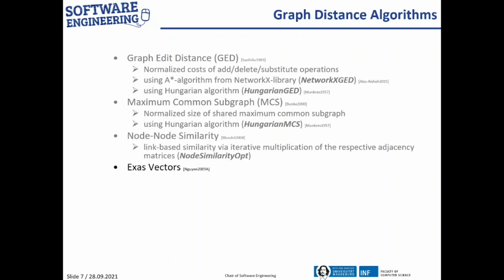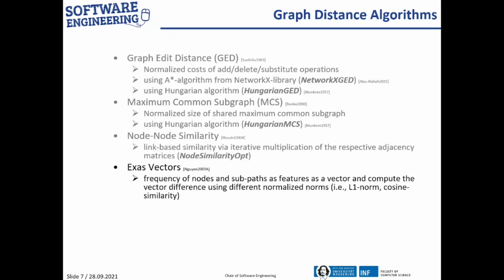And finally, we have a graph vectorization technique called access vectors, which obtains features from the graph, namely nodes and subpaths up to a certain length, and then counts the number of those features in this single graph and uses those frequencies as entries for the vectors. And then we can compute the distance between the vectors using normalized norms, here L1 norm and cosine similarity, as the distance value.